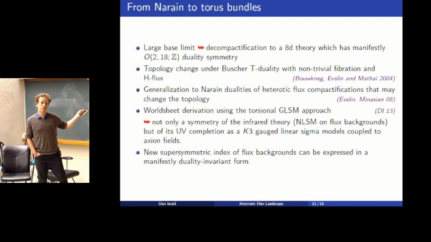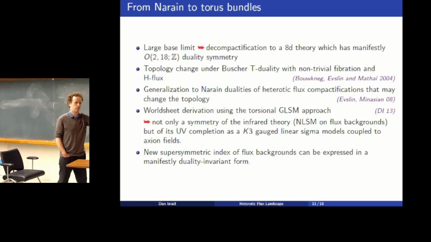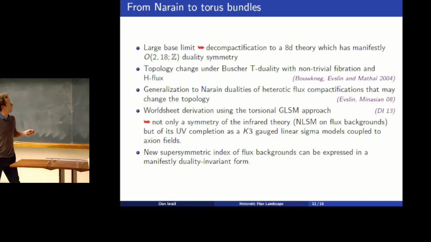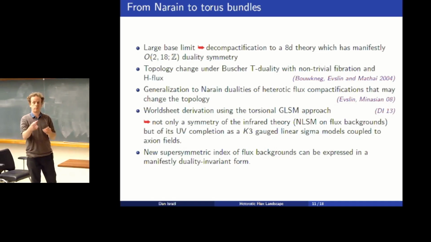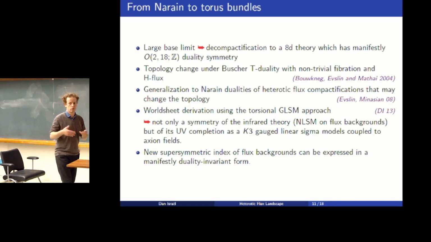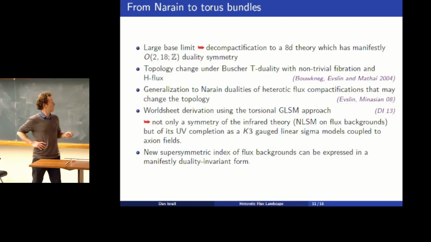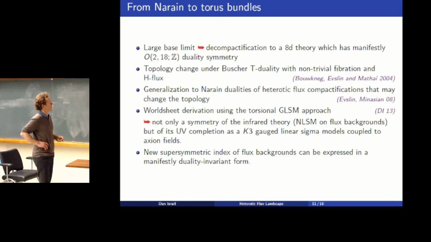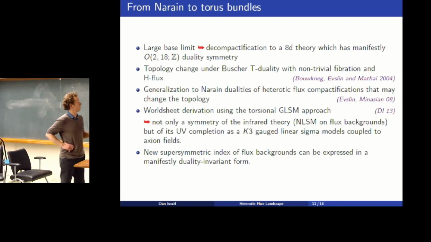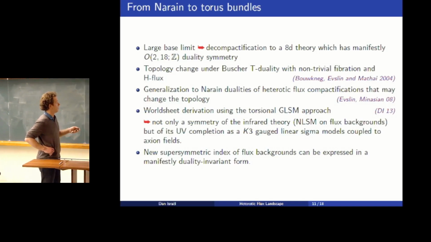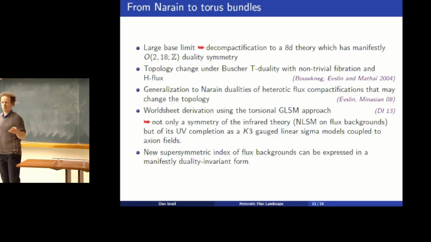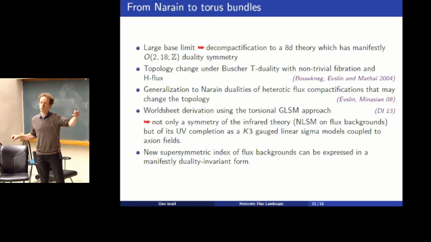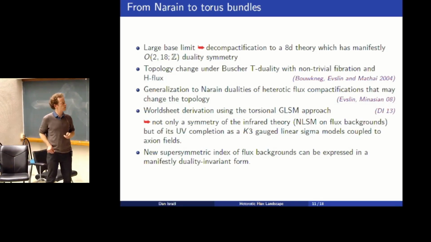So why should we think that it's a good idea to apply this to the null vectors that we have to define the flux background? Several reasons. First, the fiber is nowhere degenerate, so you may think that Buscher rules apply without any obstruction. And in fact, the topological implications were studied by these people some time ago. And Ruben, with F-theory, was the first, I think, to realize that you can also use other kinds of duality, which are not just dualities of T2, but of the whole null lattice, to change the topology of the space.